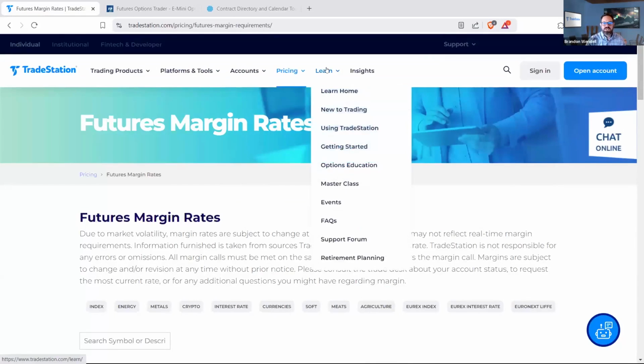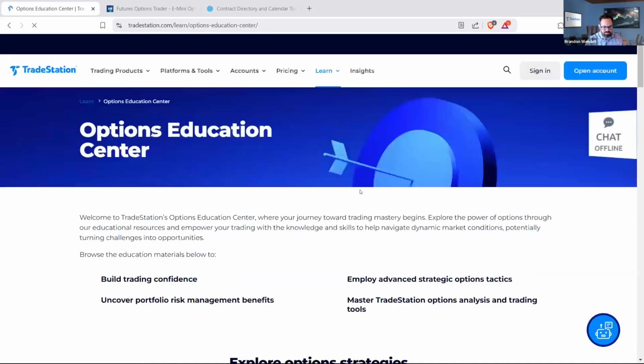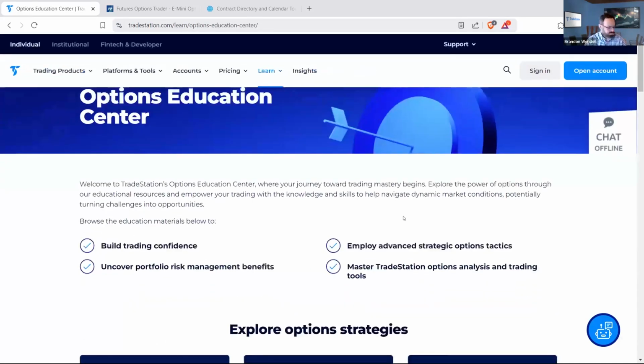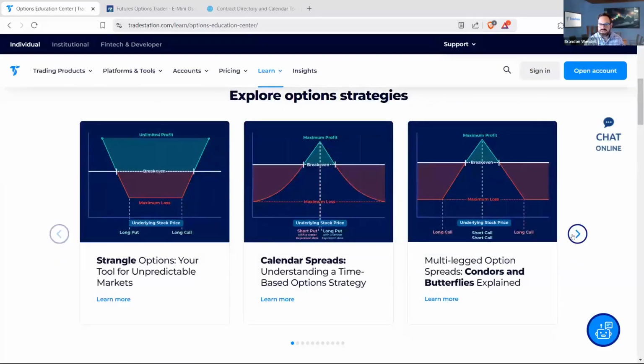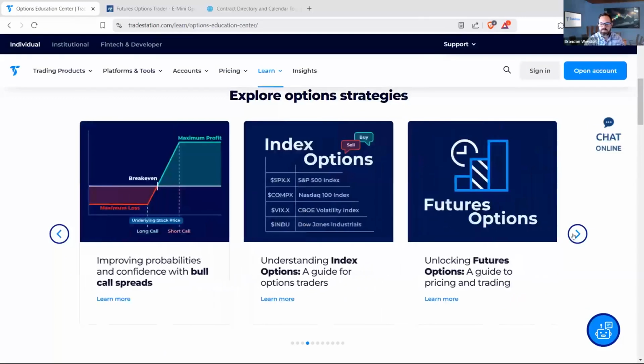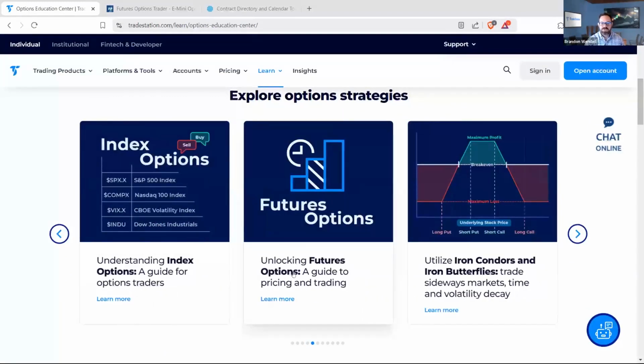If you go to TradeStation.com, options education, you can scroll down here a little bit. Go down to explore option strategies. And there you go: Unlocking Futures Options, a guide to pricing and trading.